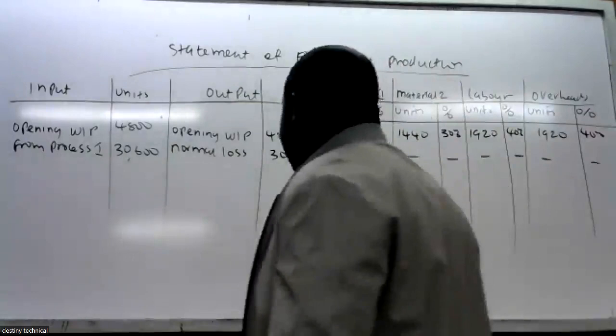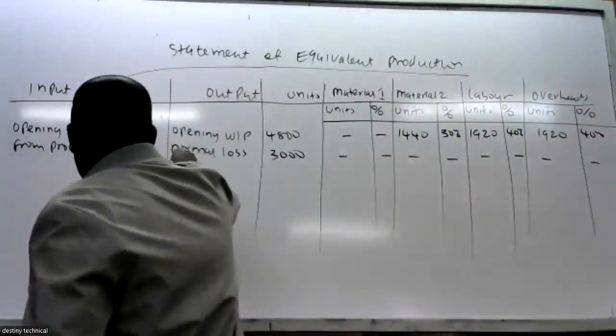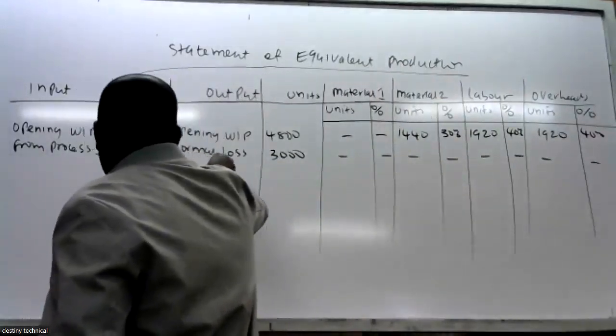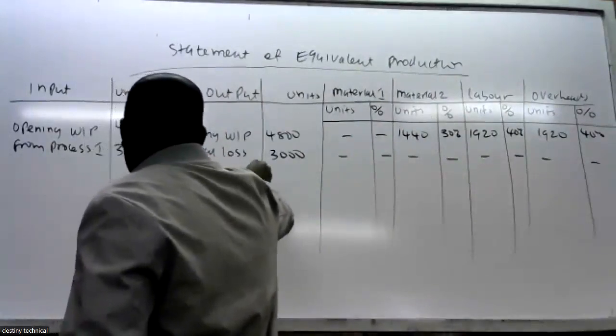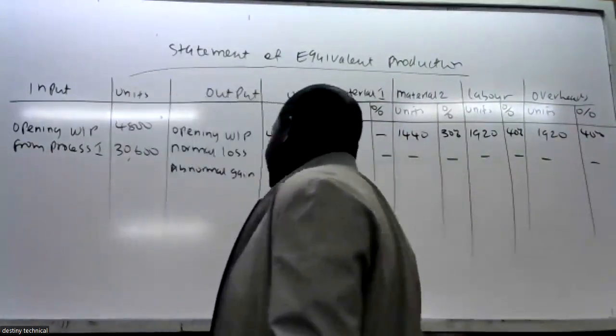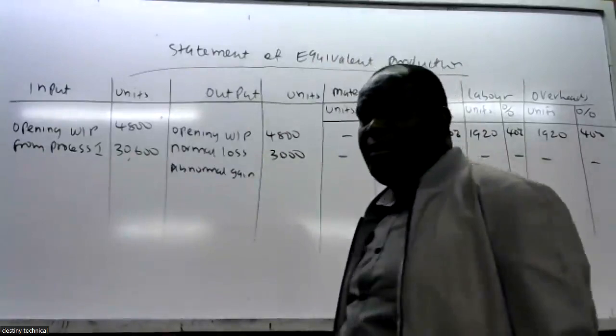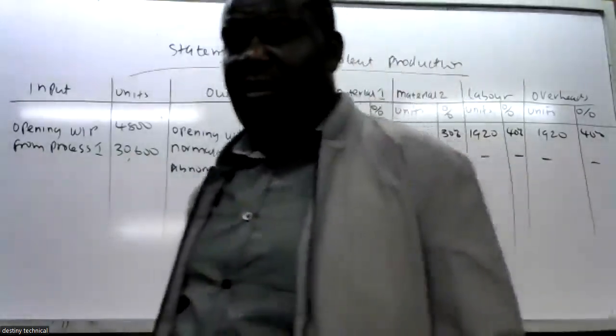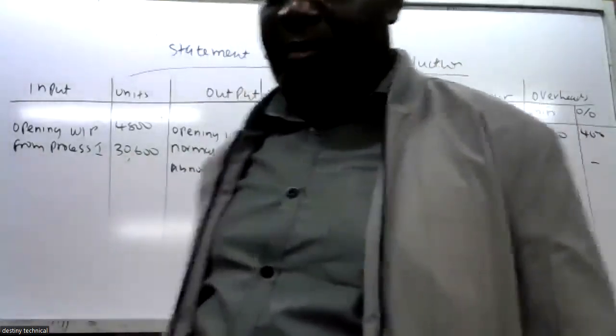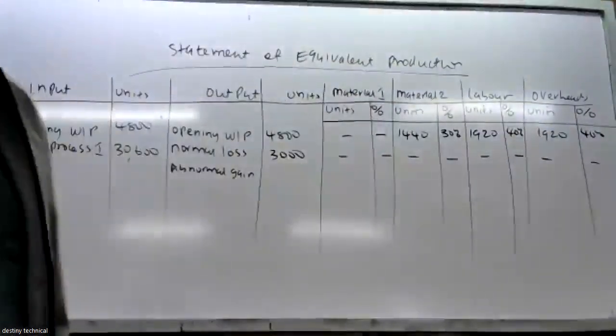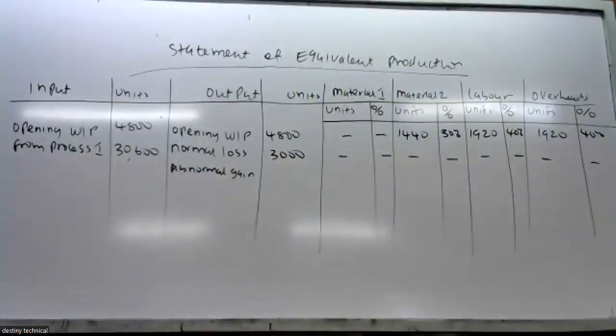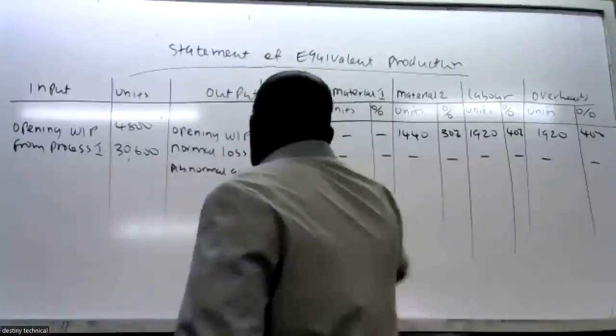The next item will be abnormal gain. So what was the abnormal gain? It was 600.